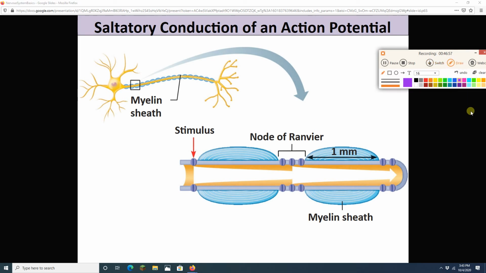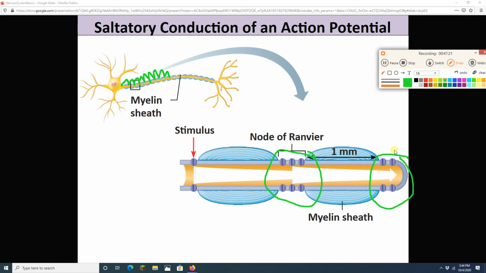And you French and Spanish speakers out there know that the word saltatory has an idea of jumping, because someone thought it was like it's jumping from node to node, the electric signal. It's not actually jumping from node to node, but it's an apt analogy because the fact that we're doing it only at the nodes means we are going to be faster.